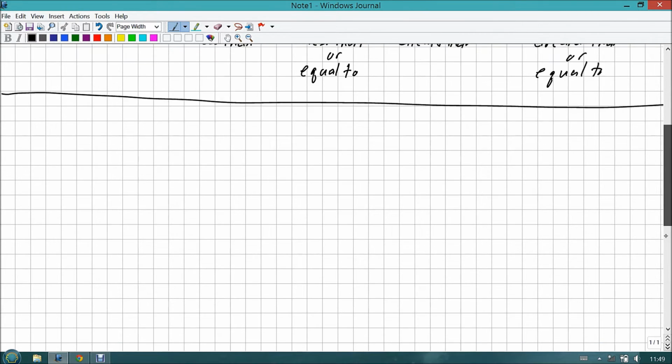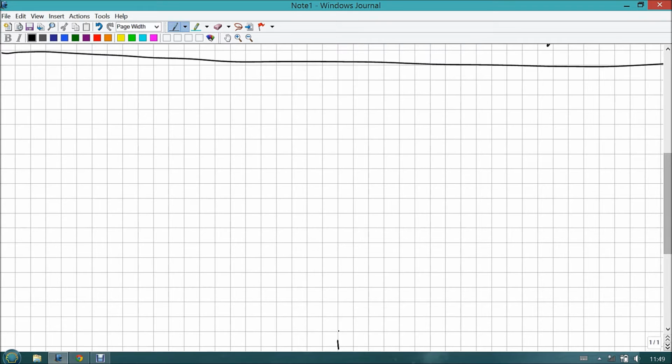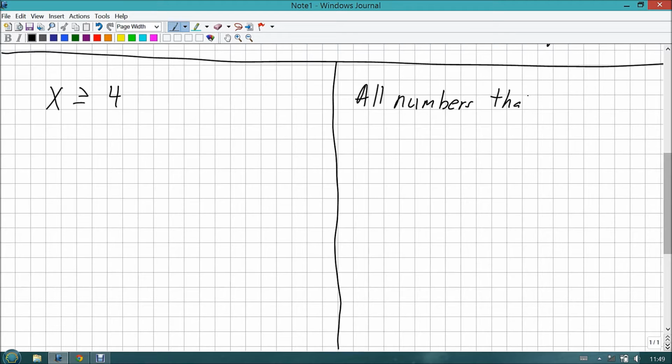Let's pretend that our example says that x is greater than or equal to 4. So in this case, we're saying all numbers that are greater than or equal to 4.